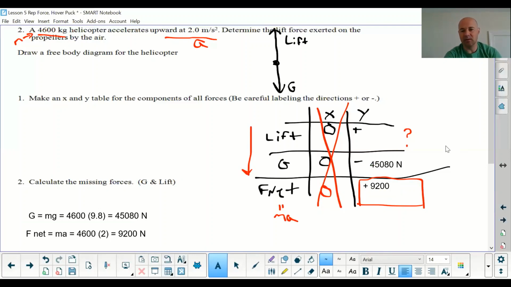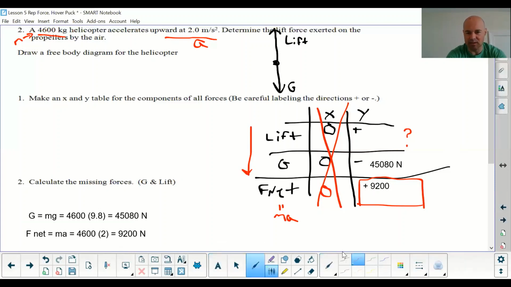So now you can see that we have one missing box, and that's where we're good to solve. There is no equation for the lift force that we know of. So we're solving for this mystery box here through some kind of equation. So again, some number plus a negative 45,080 gets you 9,200. So if you want to just make this a variable L, sometimes people get confused how I solve this, so I'm writing it out.